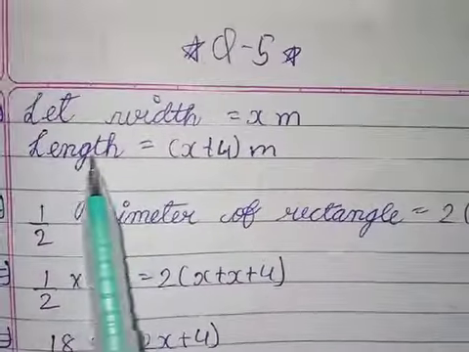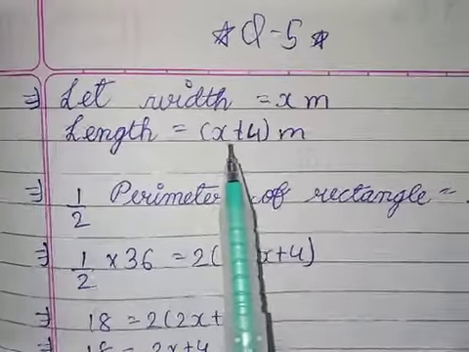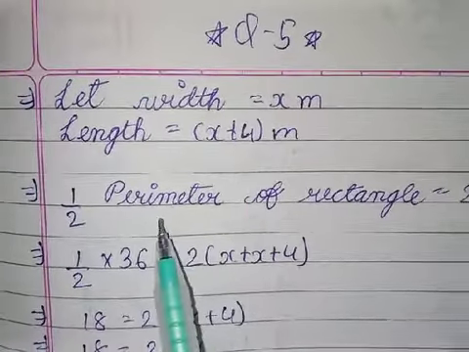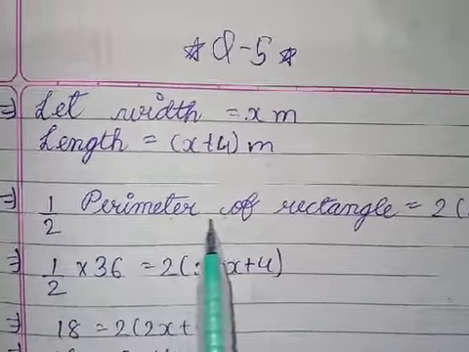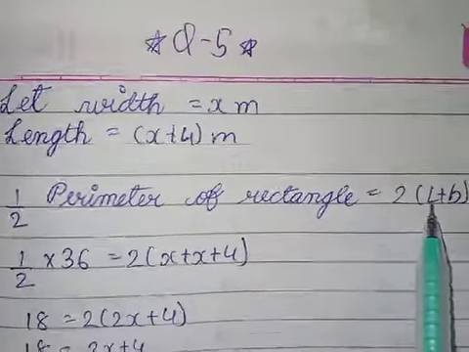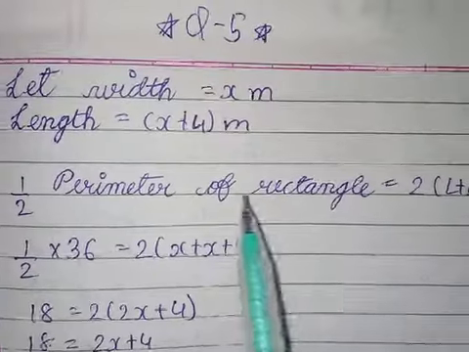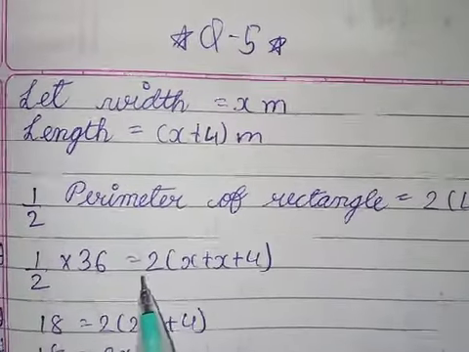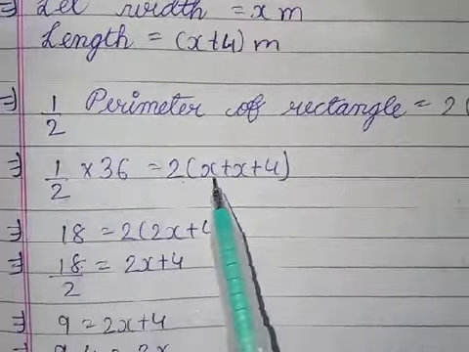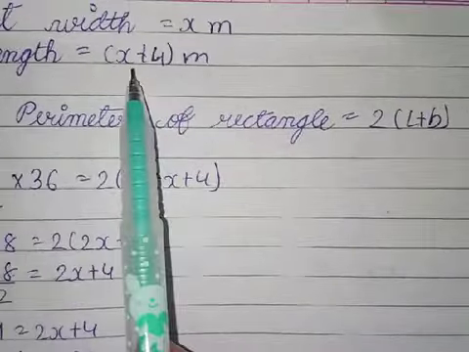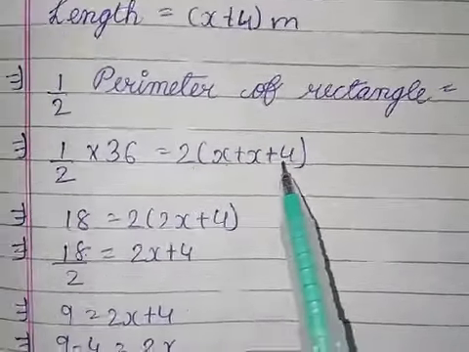Let the width be x, then the length will be 4 more, meaning x plus 4 meters. What is the equation given? Half the perimeter of the rectangle, that is l plus b, is given as 36. So half into 36 is equal to l plus b, where l is x plus 4 and b is x.